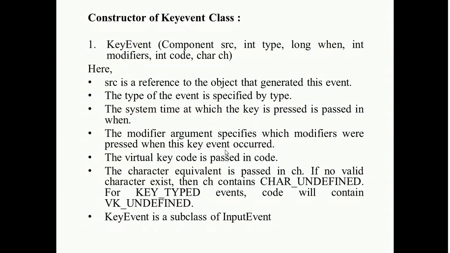It is nothing but the system time at which the key is pressed. Int modifier: this argument specifies which modifiers were pressed. Fifth parameter is int code. It is a virtual key code. And sixth parameter is char ch. It is a character equivalent and that is passed into the ch.